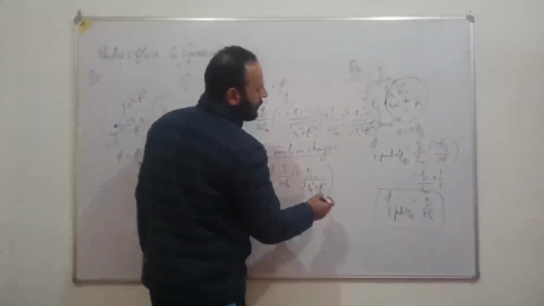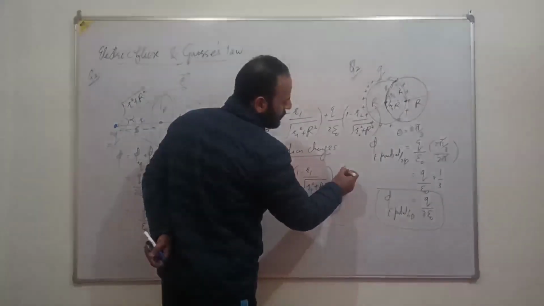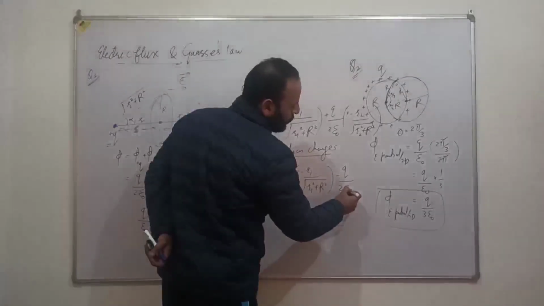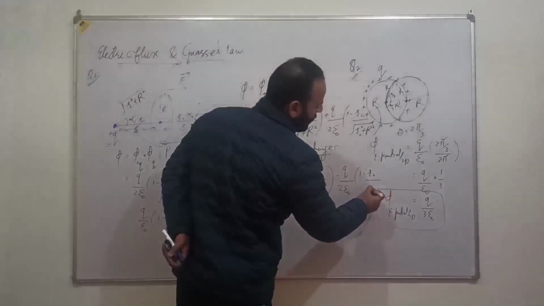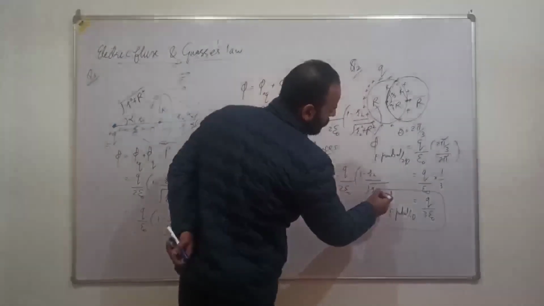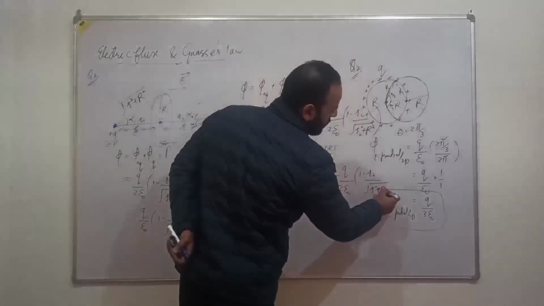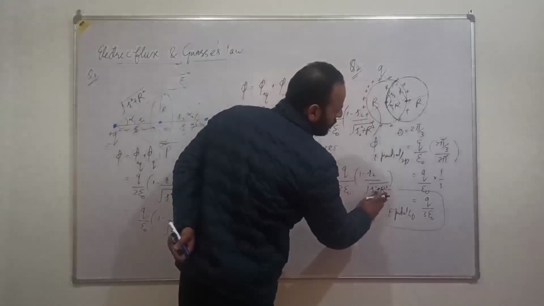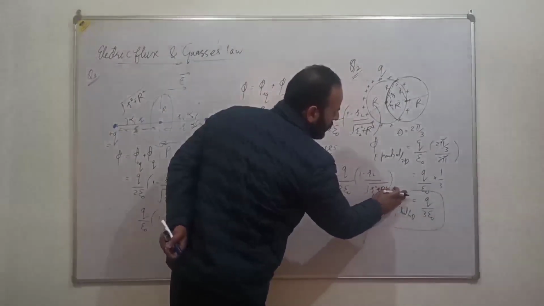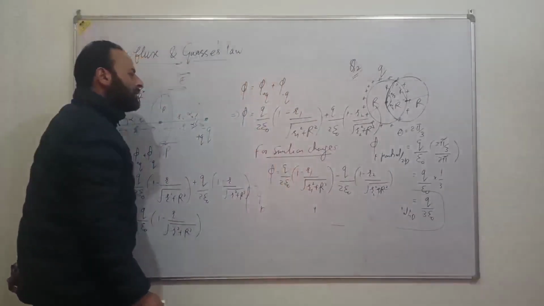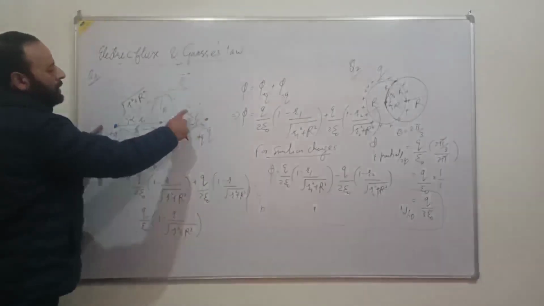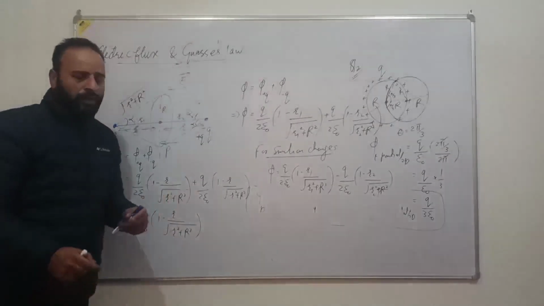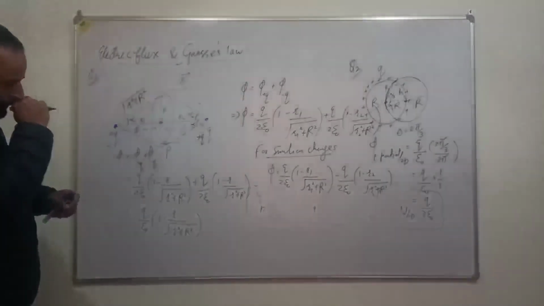Now here, instead of plus, we write minus Q divided by 2 epsilon naught, times 1 minus R2 divided by under root of R2 square plus R square, right? So this will be the electric flux due to two similar charges placed at one point and another point, and we had to calculate the flux through this plane.